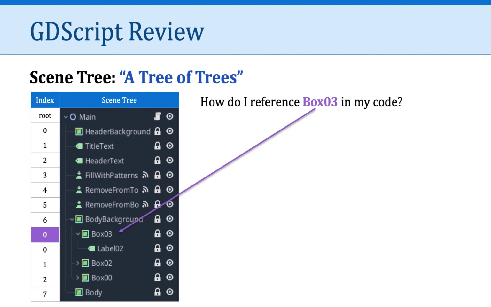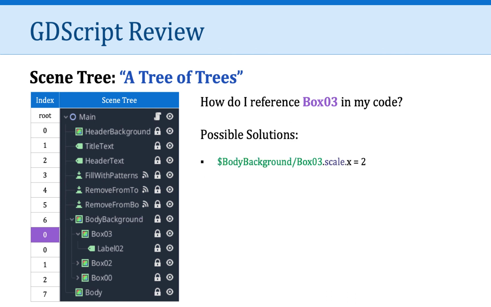Now, let's use a slightly more complicated example. We want to communicate with box 3, which is a child of body background. And of course, body background is a child of main. So how do we communicate with that node? Well, one solution, of course, and many of you have already learned how to do this, is to use the $ and say $body background/box3.scale.x. That would be one way to change the scale of box 3.